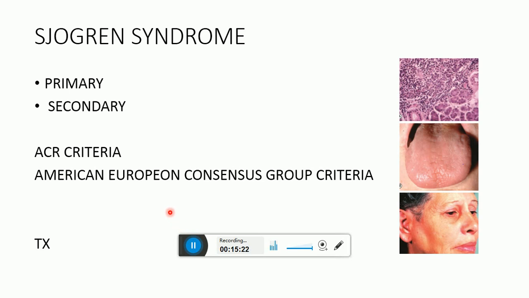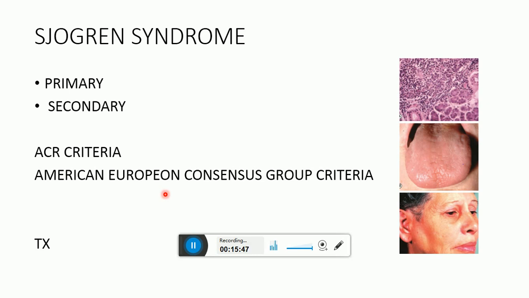The first is positivity for anti-SSA and anti-SSB antibodies, or positive rheumatoid factor together with significant positive anti-nuclear antibody. The second is ocular surface staining above a certain grade. The third is focal lymphocytic sialadenitis to a specified extent on salivary gland biopsy.